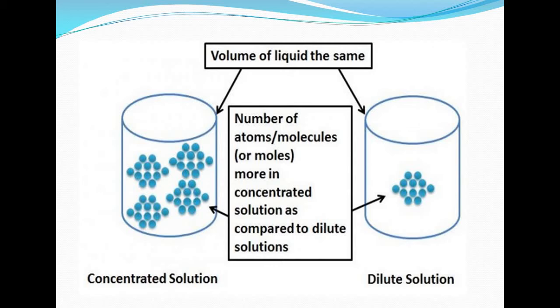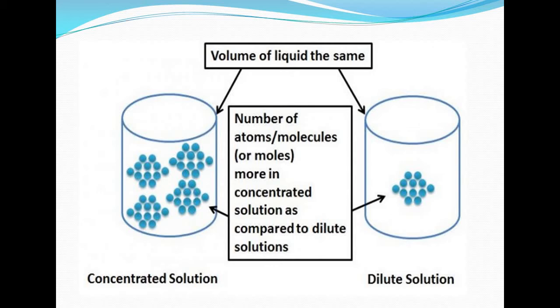In a daily life example, take a glass full of water and add 1 tablespoon of sugar, and take another glass full of water and add 3 tablespoons of sugar. Which one is more concentrated? Which one gets more taste of sugar? The one which is more concentrated, the one which has 3 tablespoons of sugar.